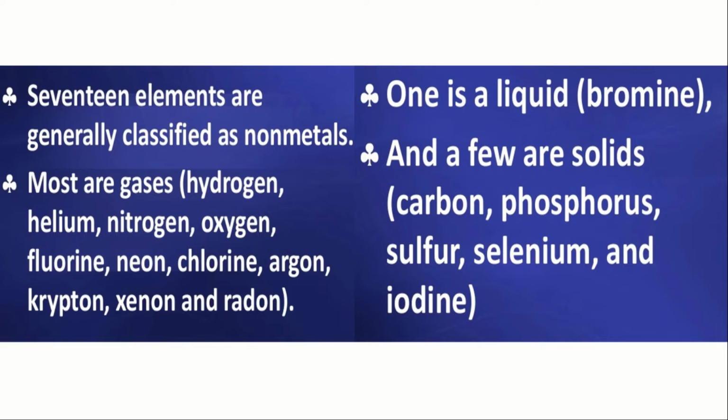So this is very important to say that a non-metal which is a liquid. This question usually appears in MCQ. Bromine is the only non-metal which is a liquid. And there are few solids in non-metals, namely carbon, phosphorus, sulfur, selenium and iodine. So these are the elements which are solid in state.